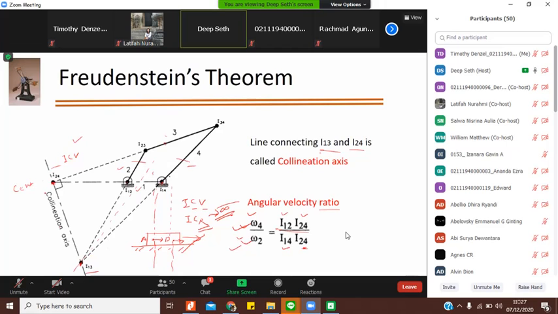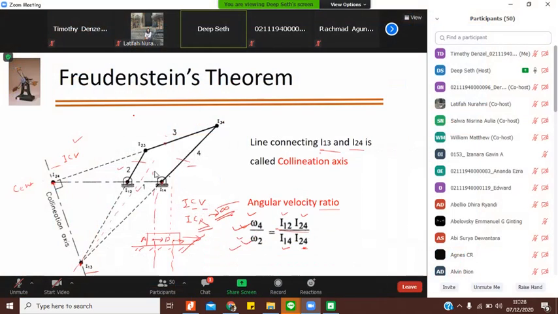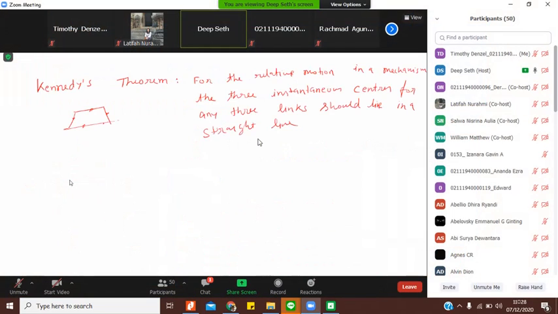And where are they lying? They are lying on the same line. Here in Freudenstein's theorem, it's the collineation axis. Similarly, in Kennedy's theorem, you will have the same thing. And from there, you actually get the theorem of angular velocities.